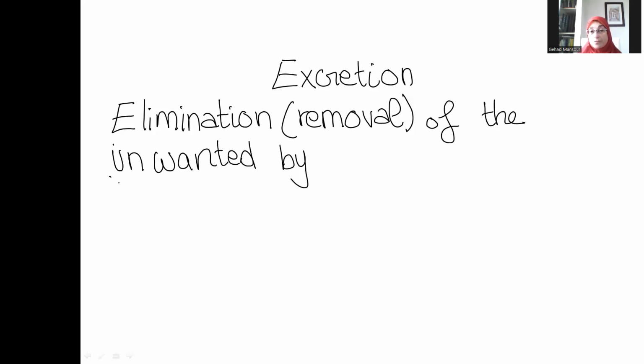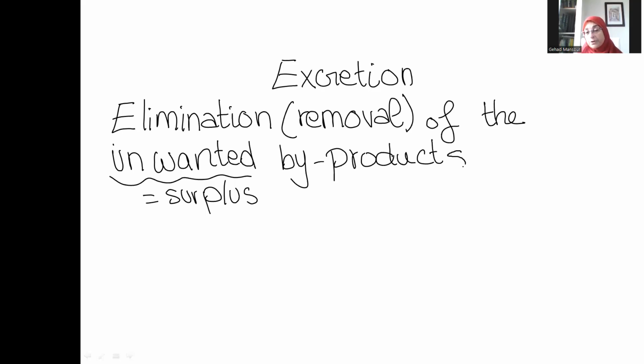And when I say unwanted here, I mean the surplus that's not needed by the body. So it is the elimination or removal of the unwanted byproducts of the biochemical reactions in the body, or metabolism. This is the definition of excretion.